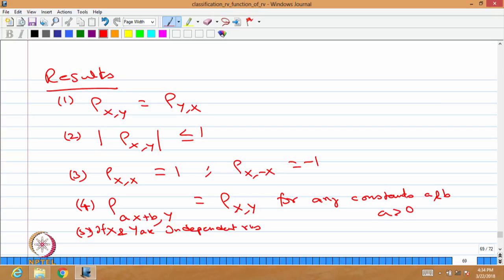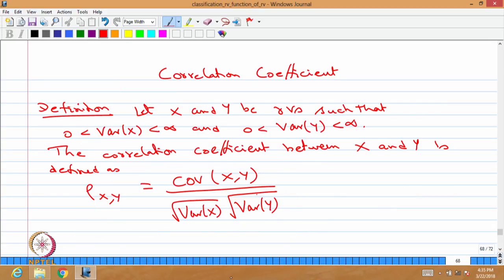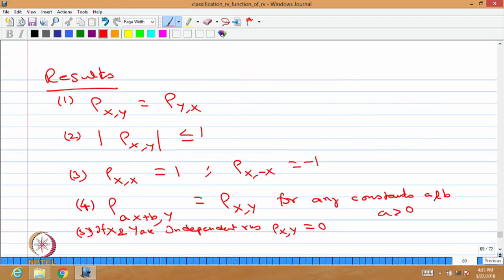If the random variables x and y are independent, then we can conclude the correlation coefficient between these two random variables is going to be 0, because the correlation coefficient is the same as the covariance divided by the positive square root of variance of x and the positive square root of variance of y, and we know that if two random variables are independent, the covariance of x comma y is going to be 0. Therefore, the correlation coefficient is also going to be 0 when two random variables are independent.